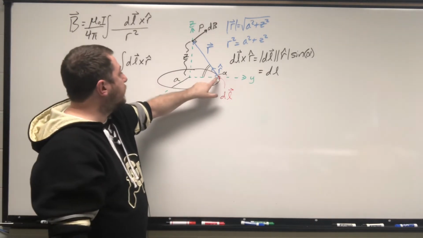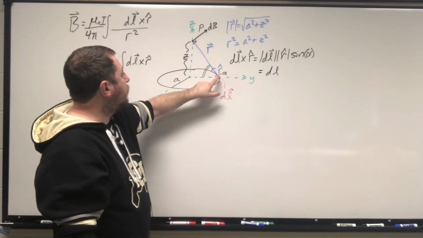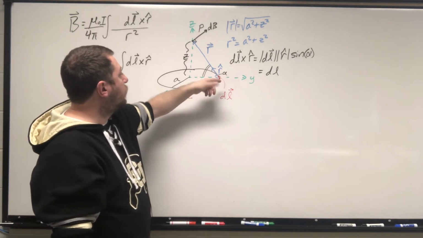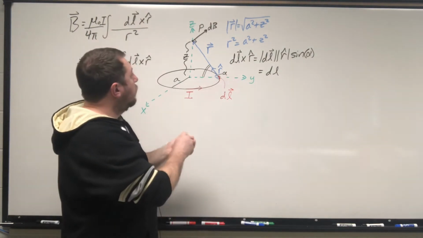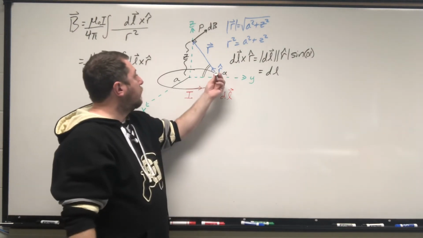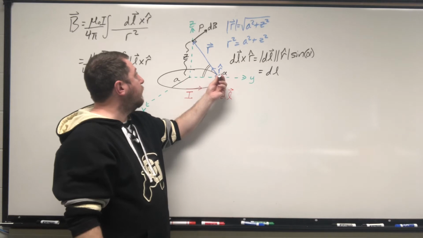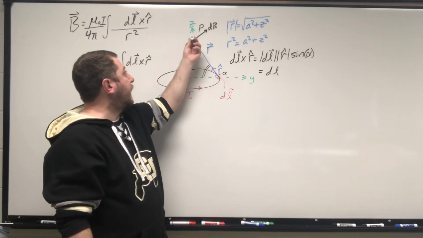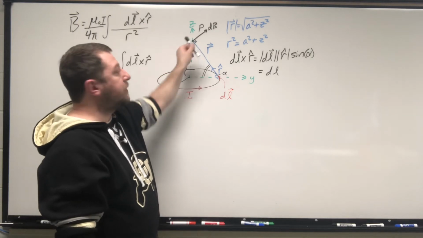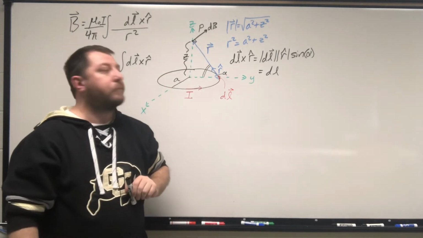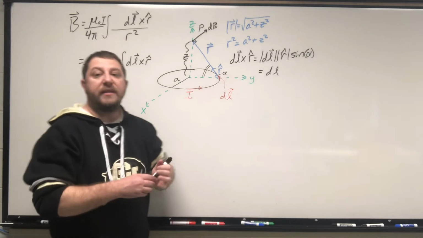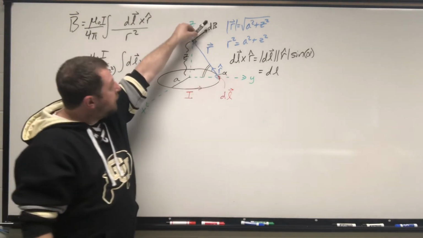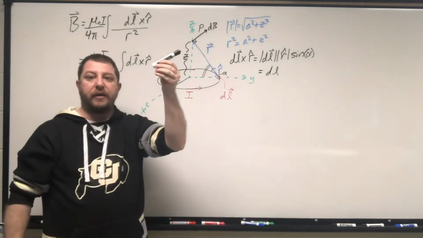So in this case, you can think of your dl is this way, and dB is going to be perpendicular to that, and r is this way, and dB is perpendicular to that, okay? Now, but what this means is that my contribution from dl is pointed in this direction.